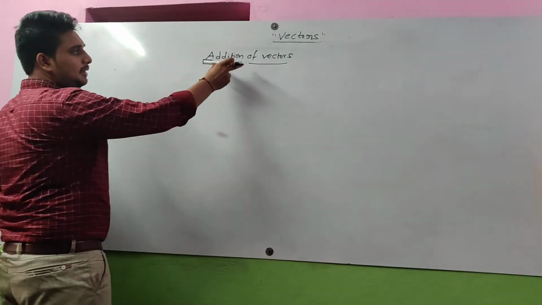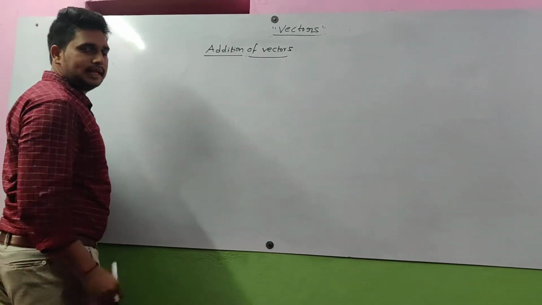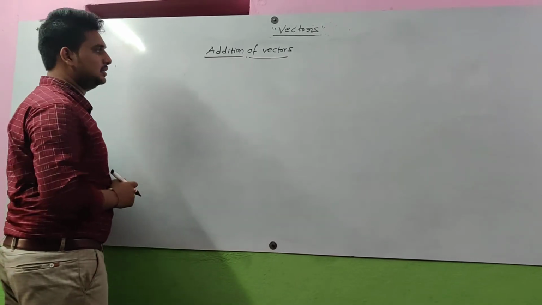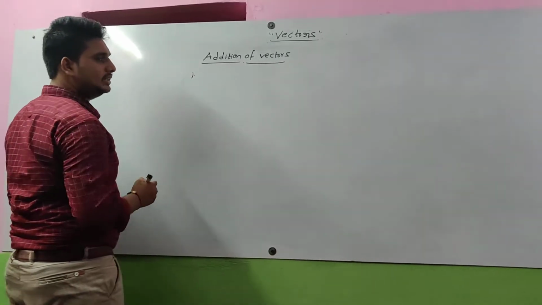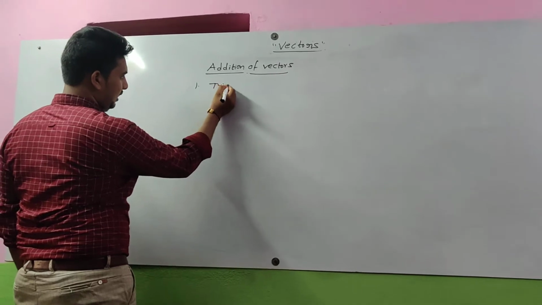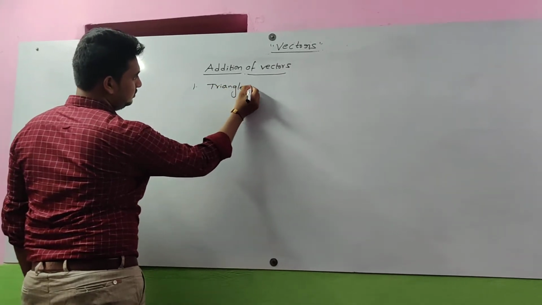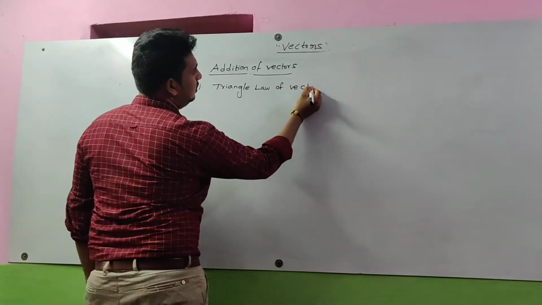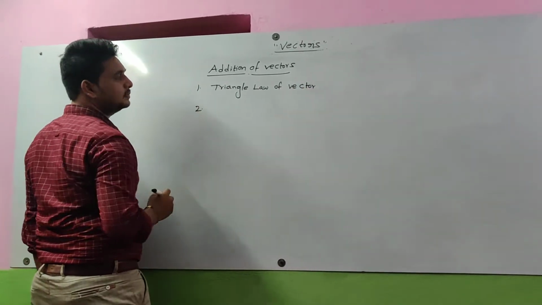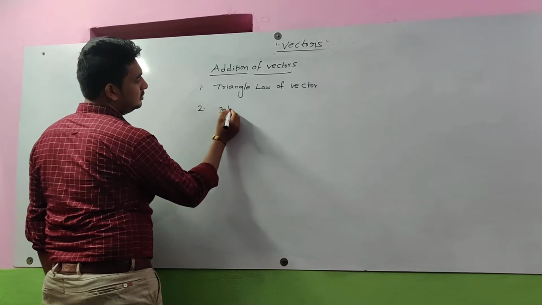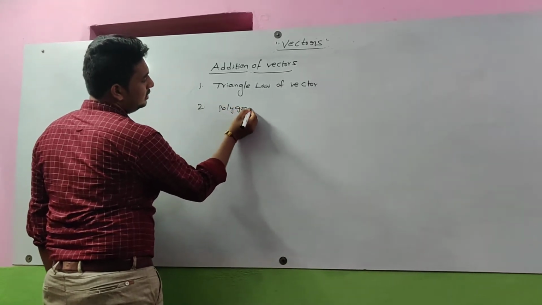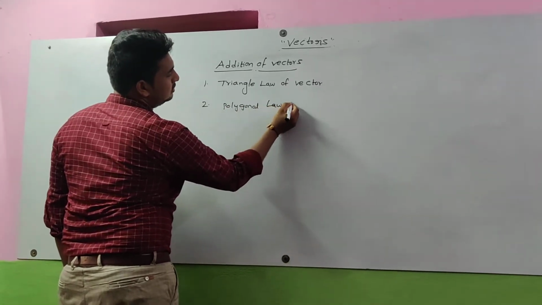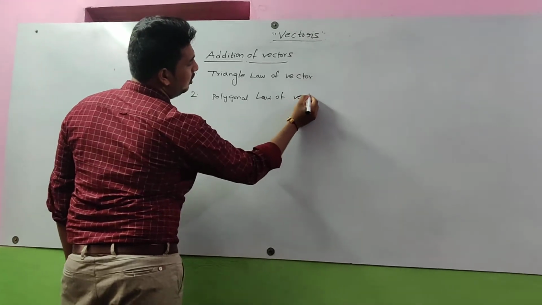Mainly, vector addition is explained by 3 laws. One is the triangle law of vector. Second one is the polygonal law of vector.